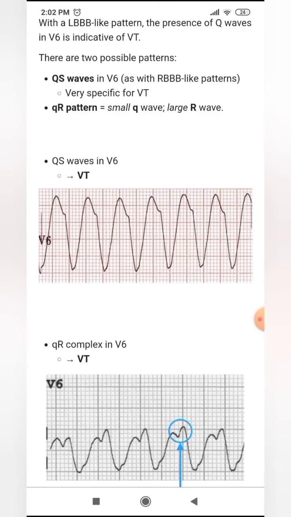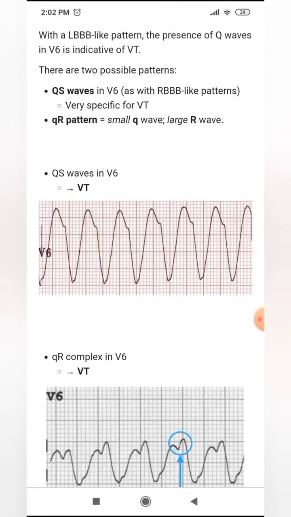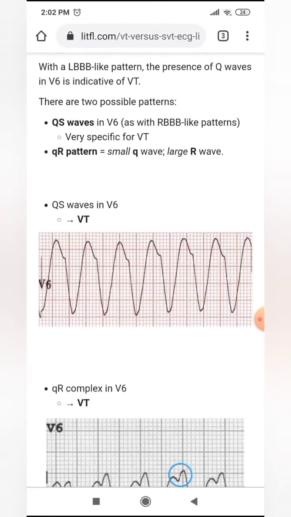Previously we have discussed it in the V1 lead. Now we are focusing on V6, and as we know that in case of LBBB, ideally these complexes should be upwards, but if the patient is having LBBB but these complexes are downwards, and such a QS pattern which is shown in this upper figure in V6 is present, then most likely the diagnosis is ventricular tachycardia.